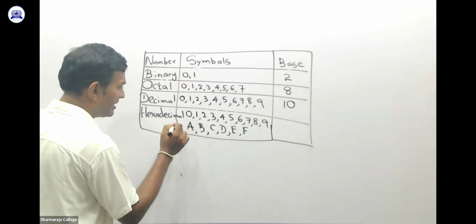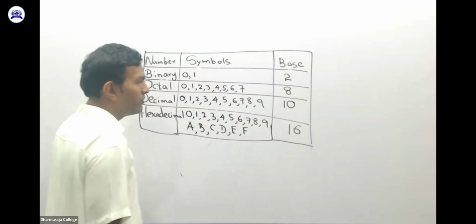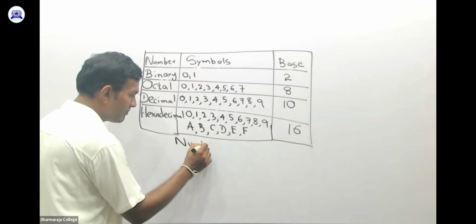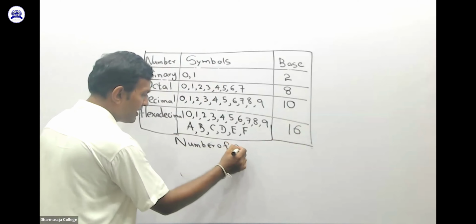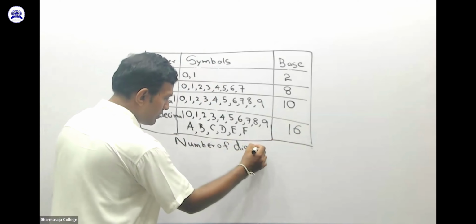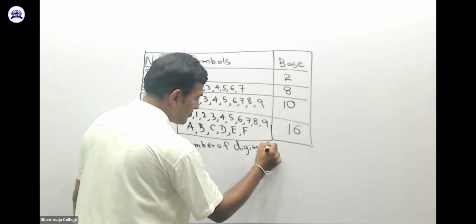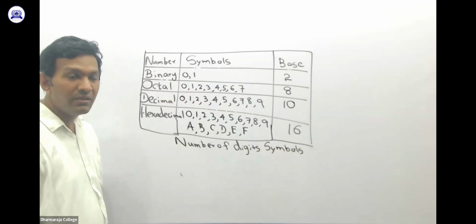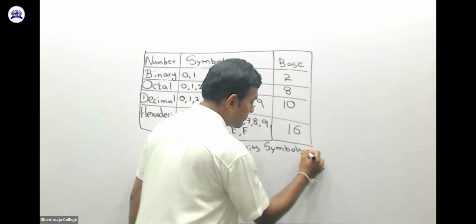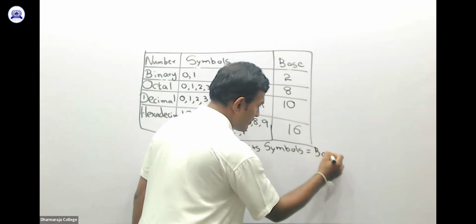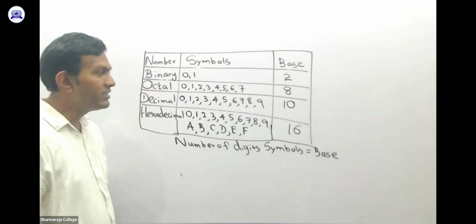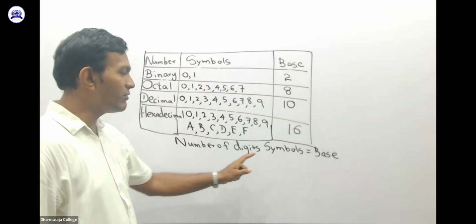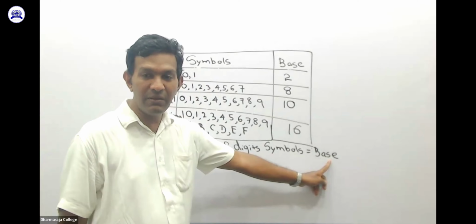Now you will see that the number of digits or symbols is equal to our base. So you can count and see that the number of symbols is equal to the base value in the number system.